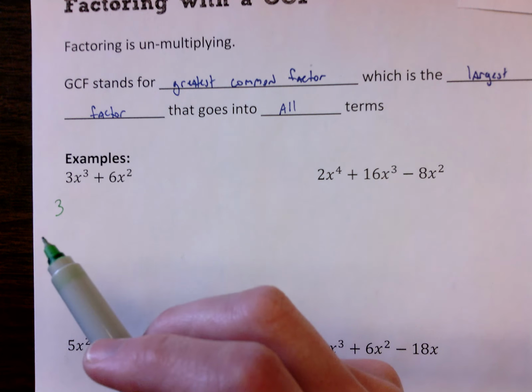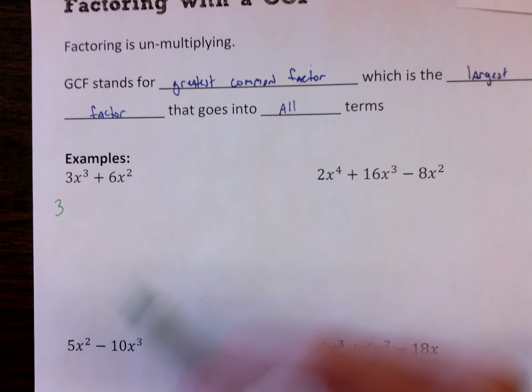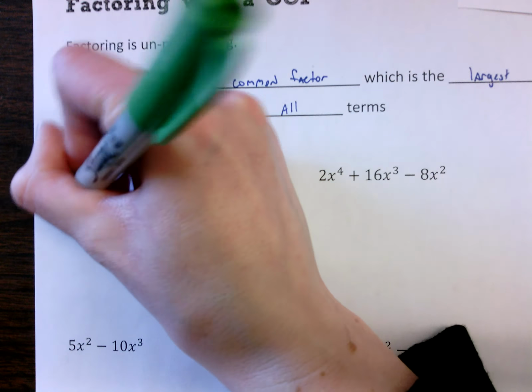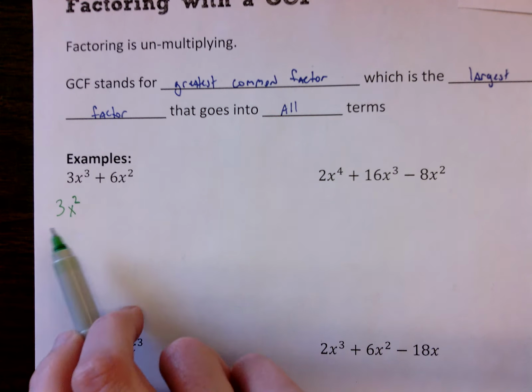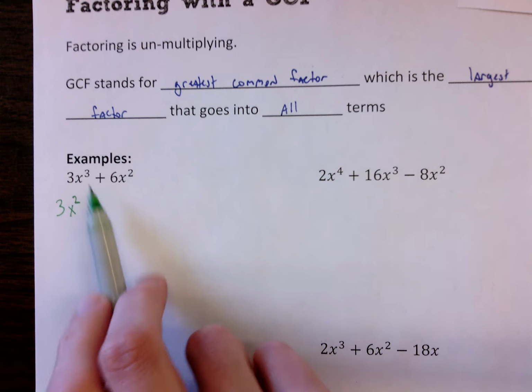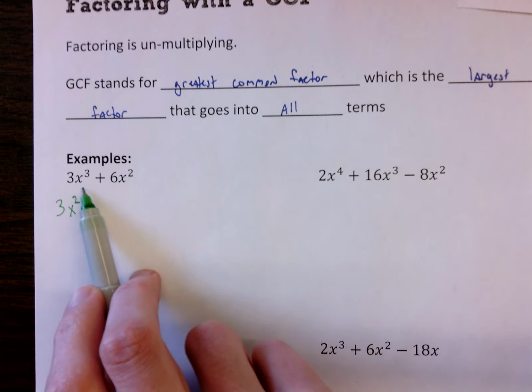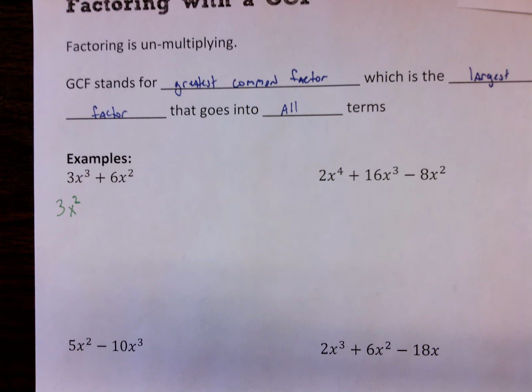I can't take 3 because this guy doesn't have 3 to give me. So the most I could possibly take is 2. So x squared is what I'm going to write down. So the 3 was the biggest number that evenly goes into 3 and 6, and the x squared is the highest number of x's that I can take before somebody runs out of x's.